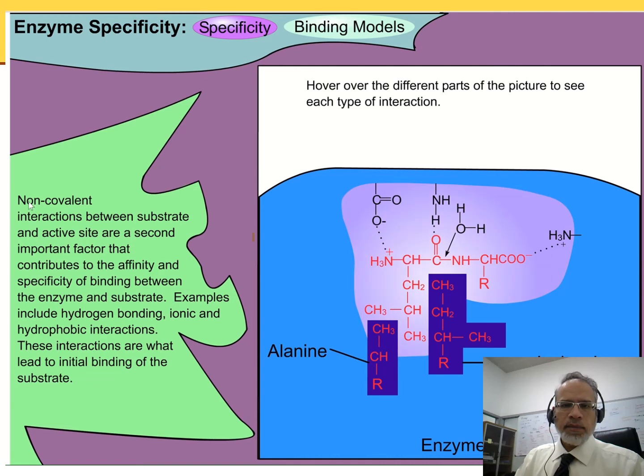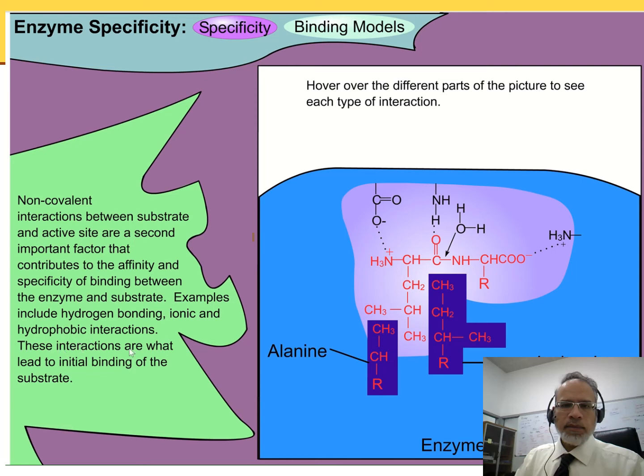And what they're saying on the left hand side is that non-covalent interactions between the substrate, which is the red guy here, and the active site, which are all the amino acid side chains shown here, contribute to the affinity and specificity of the binding between the enzyme and substrate. Examples of these interactions that we know are hydrogen bonding and ionic charge interaction, as well as hydrophobic interactions.